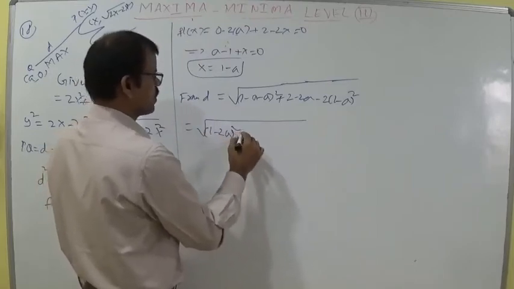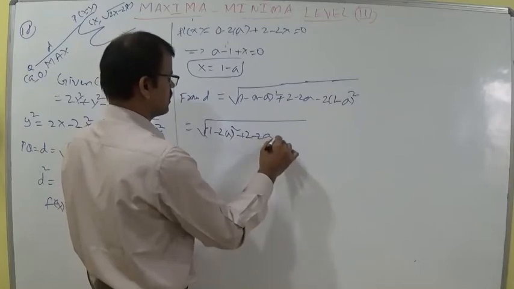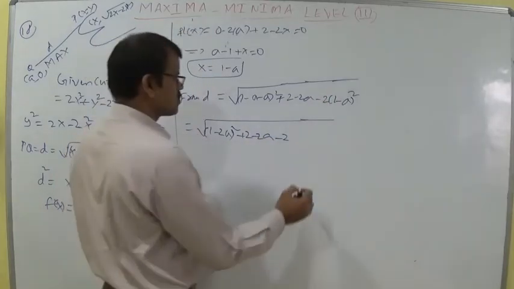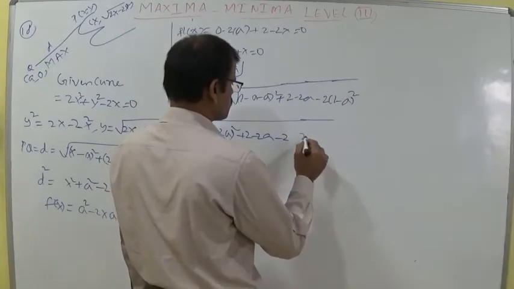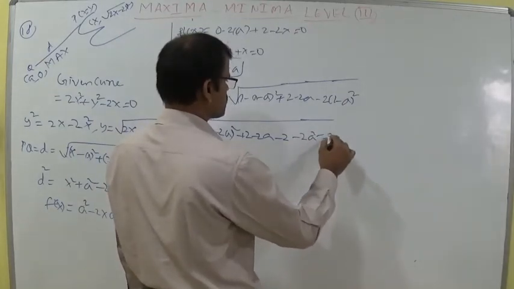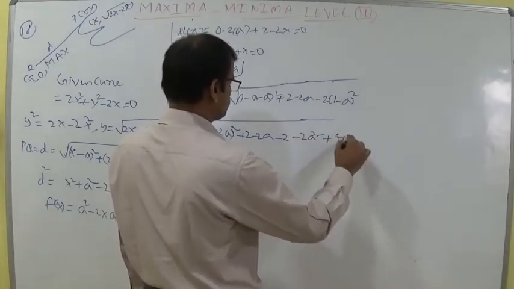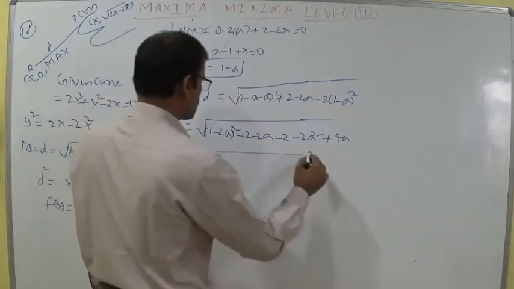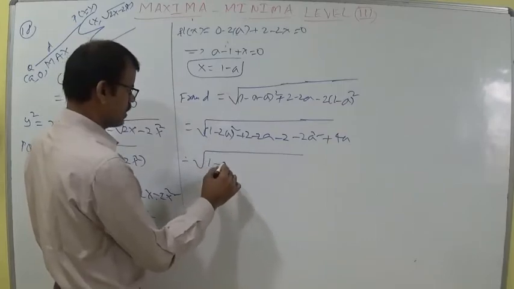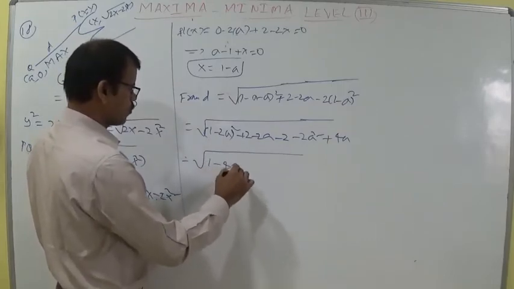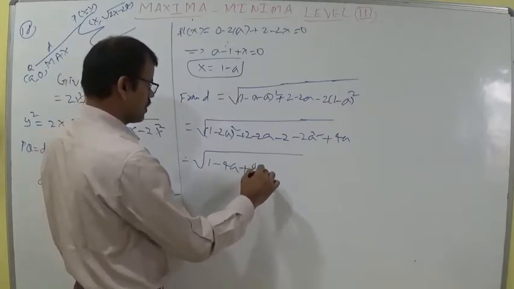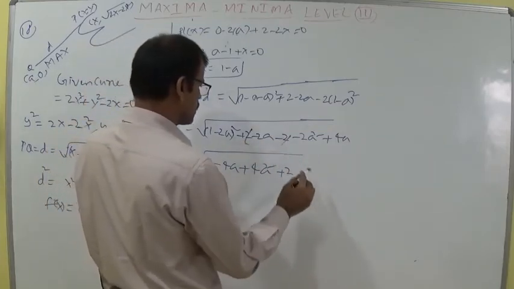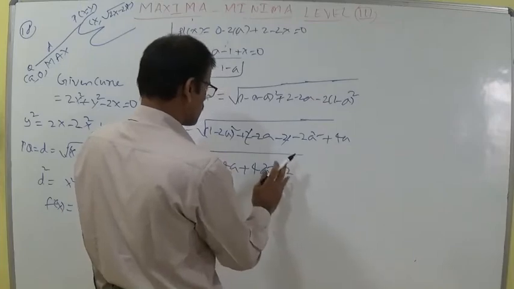1 minus 2a whole square plus 2 minus 2a minus 2 into, by expanding 1 minus a whole square, this is minus 2 minus 2a square plus 4a. That is equal to, once again I am expanding here, 1 minus 4a plus 4a square plus 2 and 2 get cancelled here.